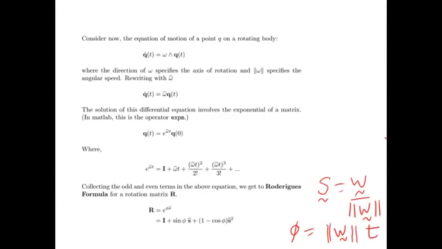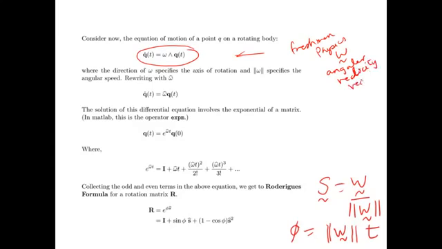Okay, so now proceeding right along. I want to remind you of this equation, which you probably encountered in freshman physics. This omega here is the angular velocity vector. We have the position of a point q, and then q dot is the time derivative.